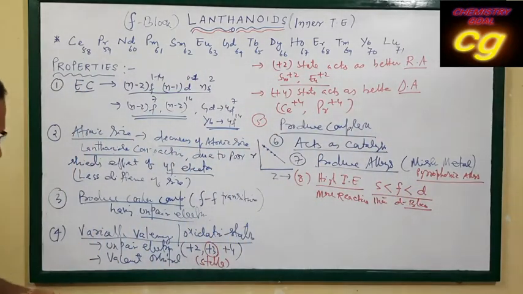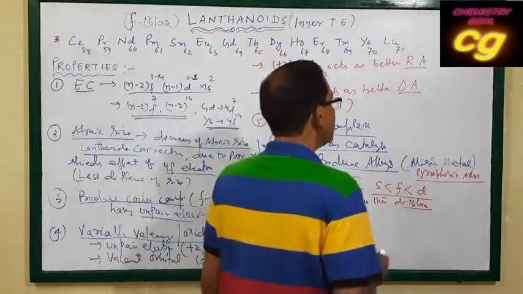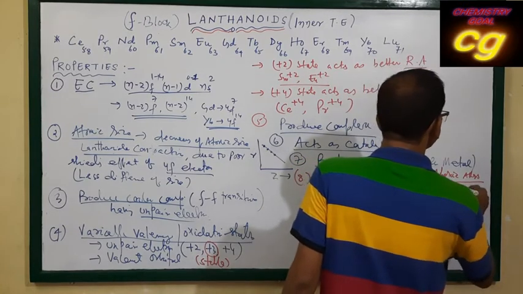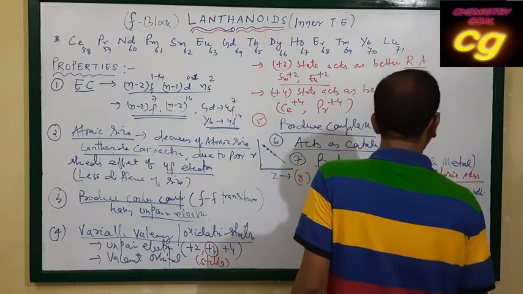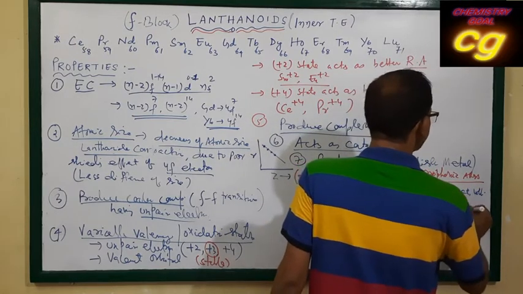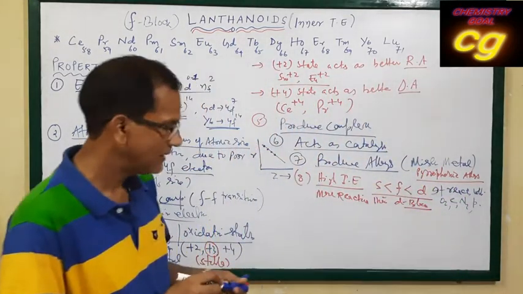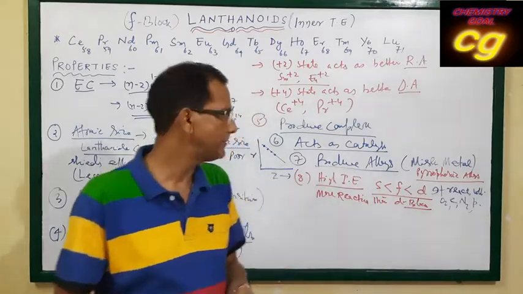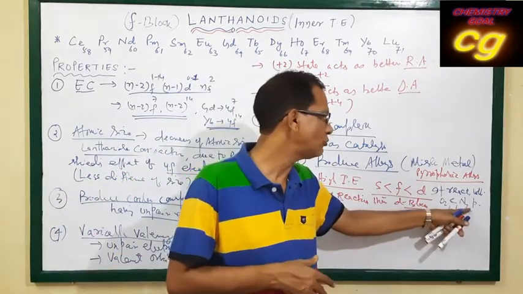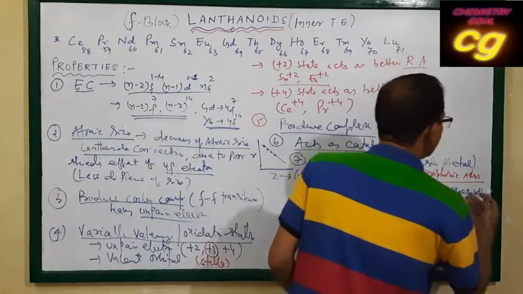And due to this reactivity, it produces carbides. It reacts with oxygen, carbon, nitrogen, phosphorus, like this. Due to its high reactivity, it reacts with oxygen to produce oxides, with carbon to produce carbides, with nitrogen to produce nitrides, and it also reacts with water.